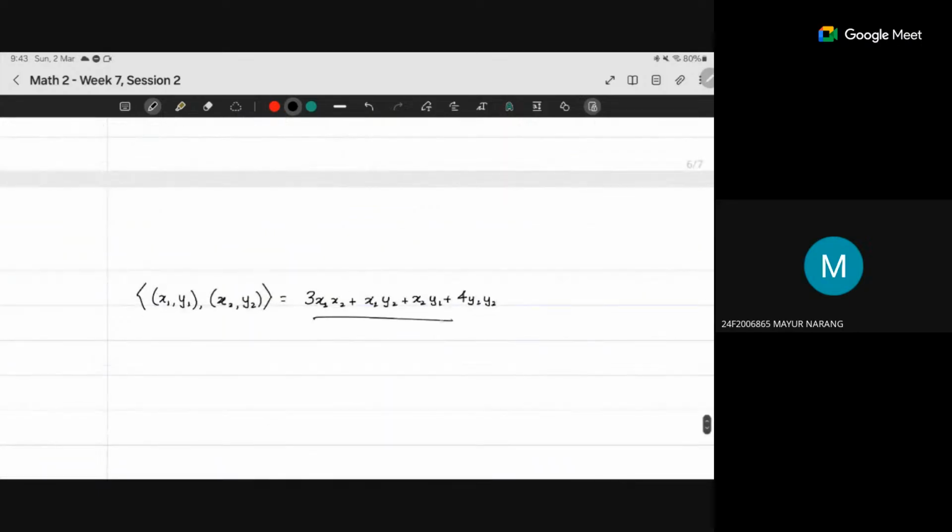But to prove that, for example, this is always positive might not be that easy. How will you prove that this is always positive? In this case, if I have the inner product of (x, y) with itself, that needs to be positive. And what is it? It would be 3x square plus 2xy plus 4y square. Now, is this always positive?